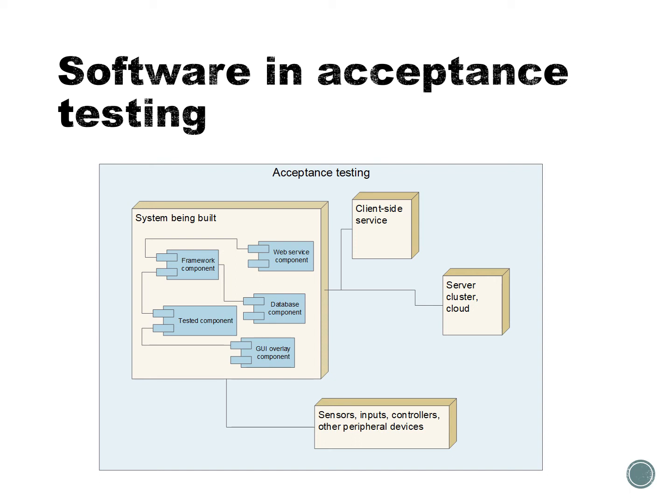And for example, if we are doing acceptance testing, we are doing something like this. So there's a system being built, there's sensors, there's client-side services, there's server cluster, cloud, databases, framework components, user interface overlay, stuff like that.